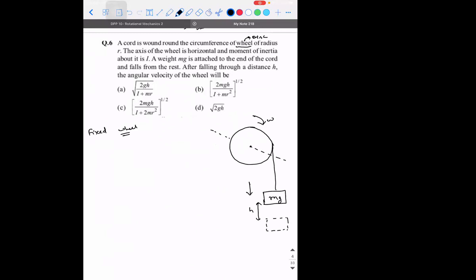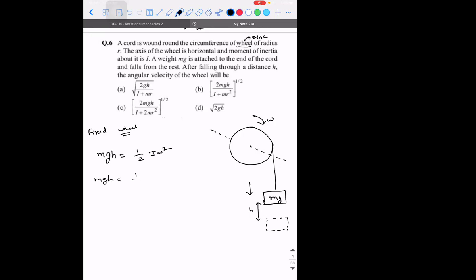But how can you say who is actually the reason for the rotational kinetic energy? Mg. Yes. So can I say mgh, that is the decrease in potential energy, is equal to the increase in kinetic energy, half I omega square.